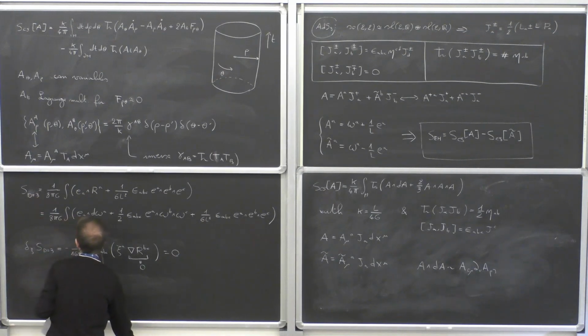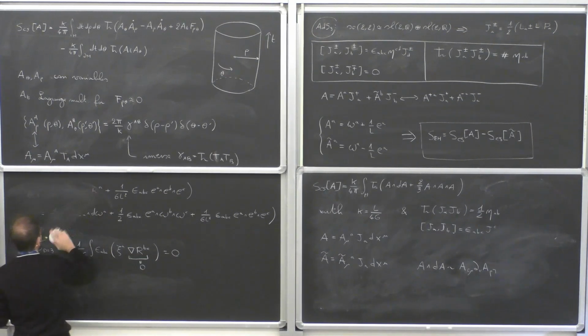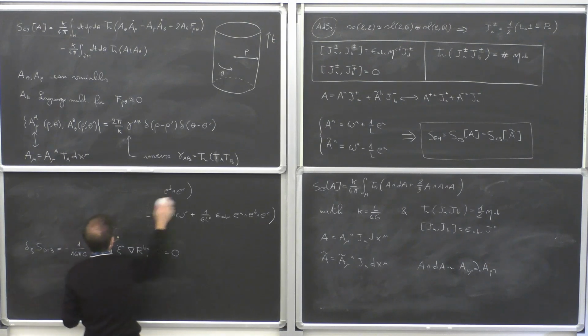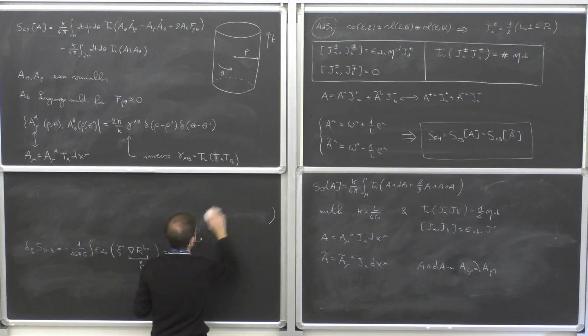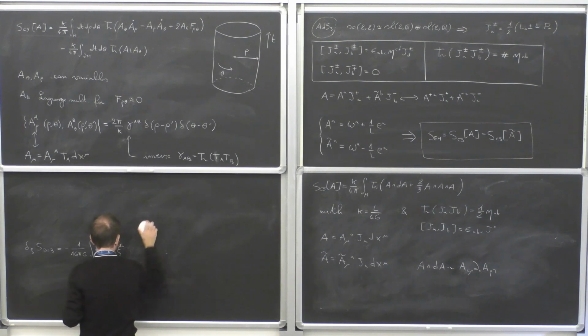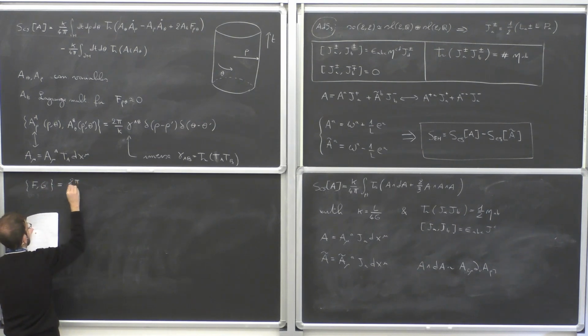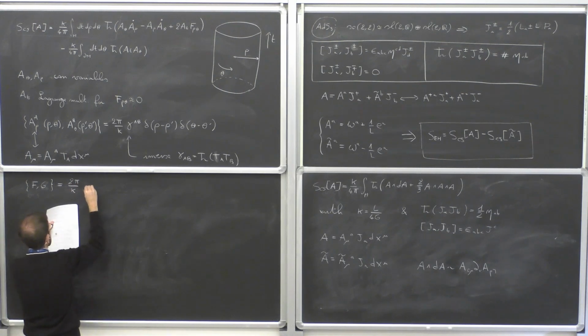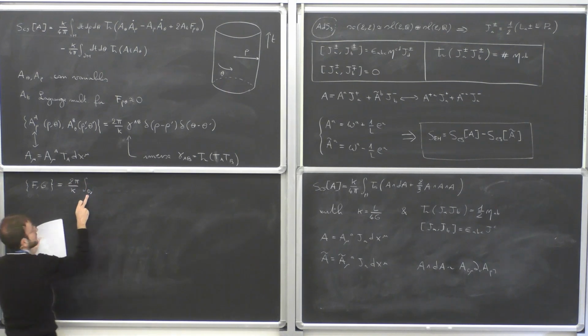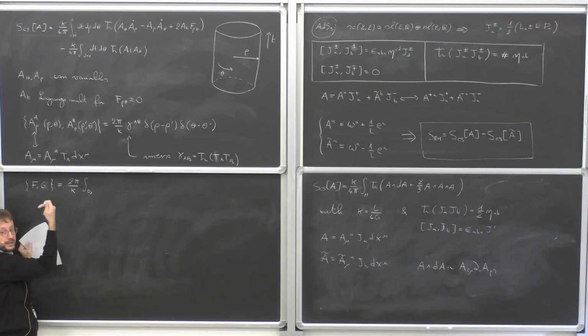This means that starting from this basic definition, I can compute the Poisson bracket of two phase space functionals, which is just, here I'm stressing that I'm integrating over a disk inside the cylinder.